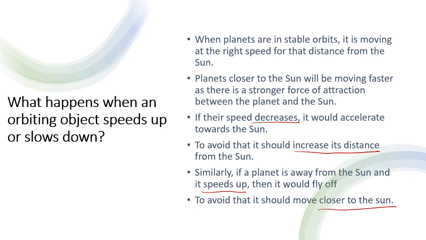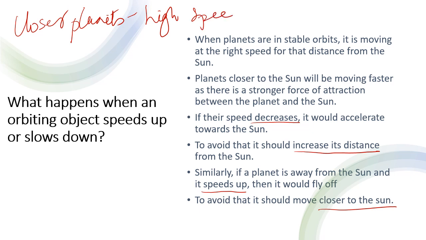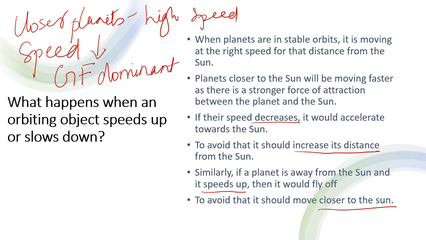So how can we summarize what I have said here? Generally, if the planets are closer, they will have high speed. Since they already have high speed, if the speed decreases, what will happen? The gravitational force will become dominant, and then there's a possibility that the planet will crash into the sun.